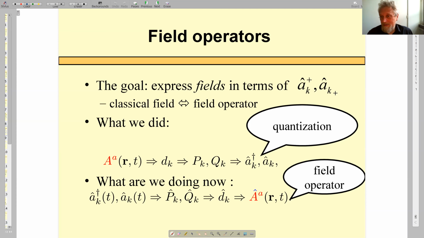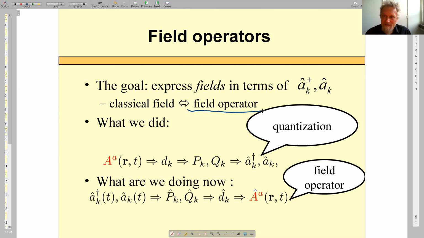And in order to get back to the original values, to the quantities which describe this classical field, I need to invoke a field operator.